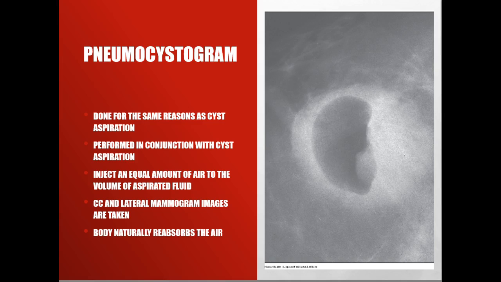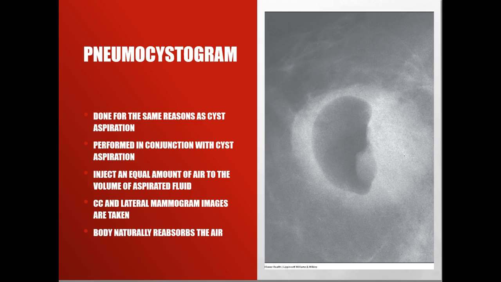The pneumocystogram is just like I explained. If the radiologist wants to see the contour of the cyst, they will then, after removing the fluid, put the same amount of air in there as the fluid they removed, so that they can look at the contour.